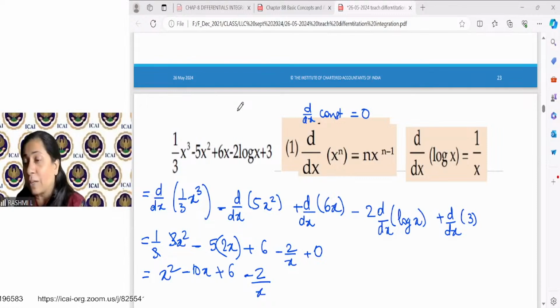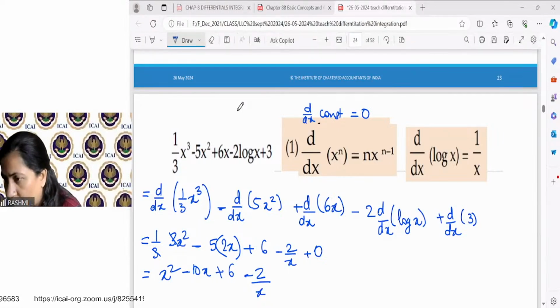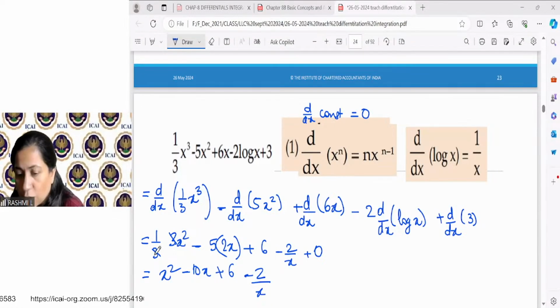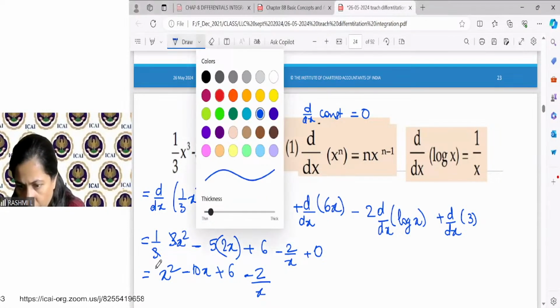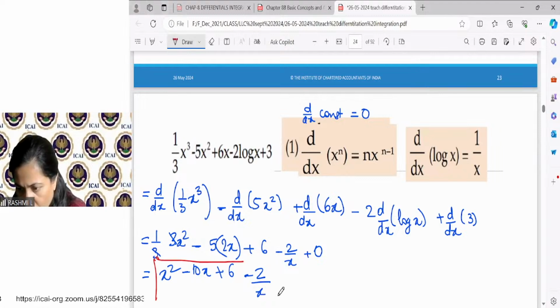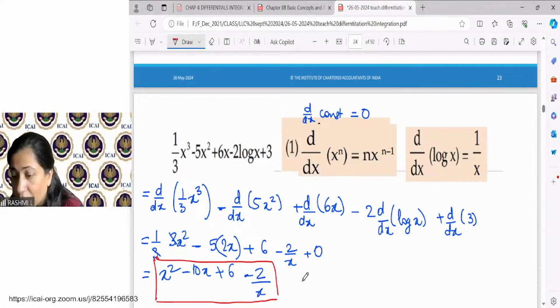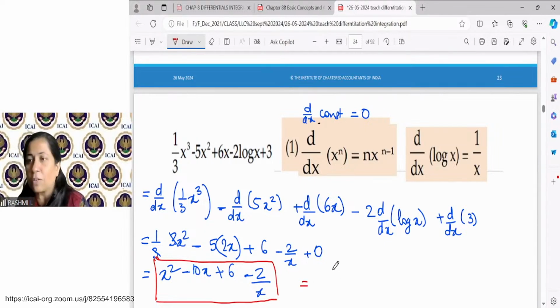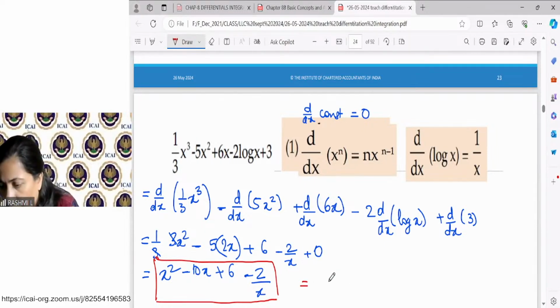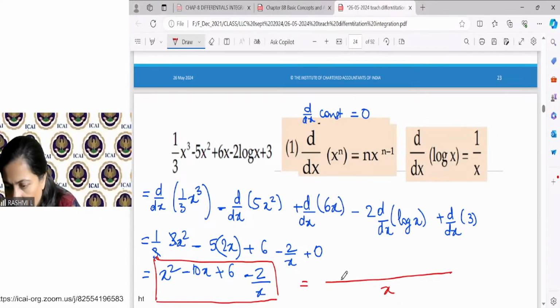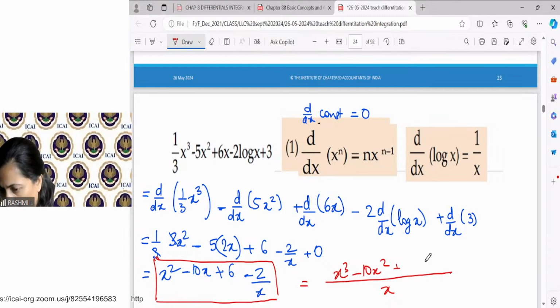But just look, Devendra has put forth a very important point. Sometimes you may have the answer in this form, but as you can see, there is an x in the denominator. Sometimes in the options, depending on what options you have, you will write it upon x. Then this will be equal to x cube minus 10x square plus 6x minus 2, all upon x.